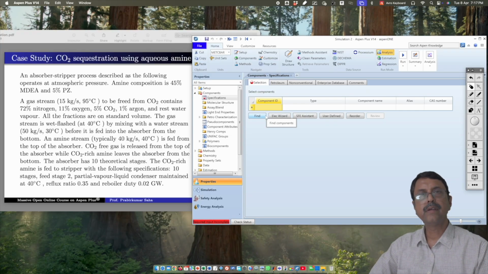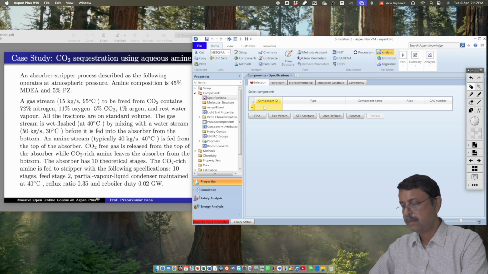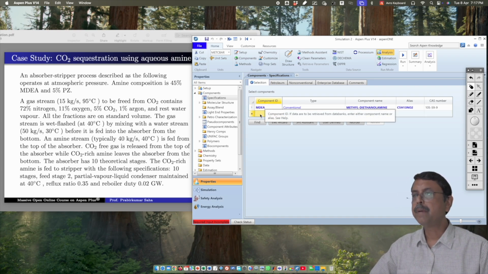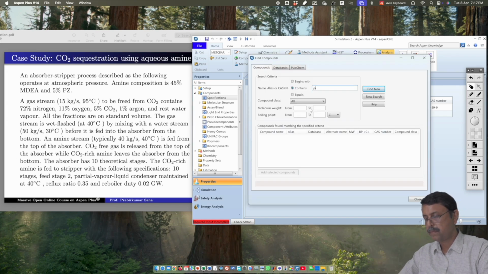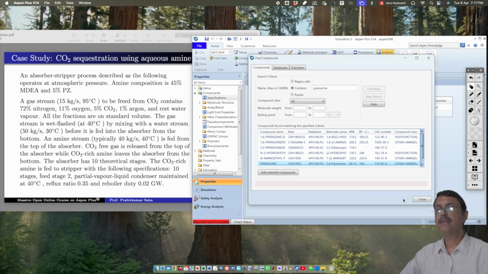Okay, now let us first insert the components. The first component, we will use MDEA. Okay, MDEA. And piperazine, we will search for piperazine. This one.